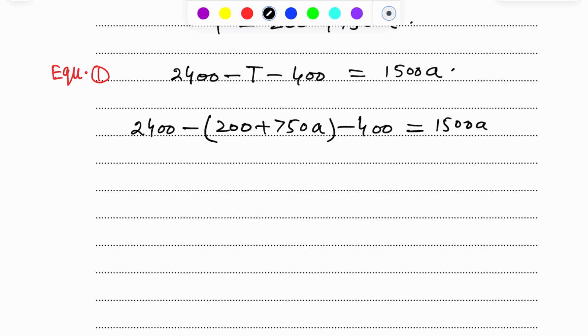Simplifying, we get 2400 minus 200 minus 750A minus 400 is equal to 1500A.